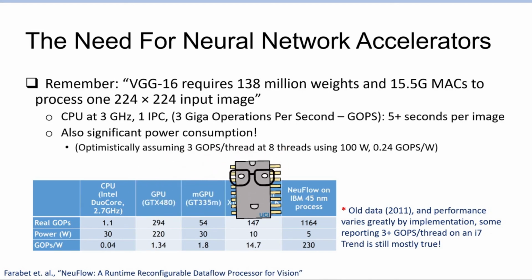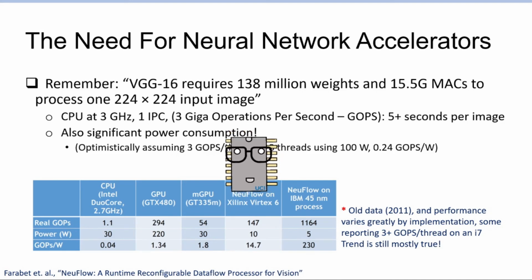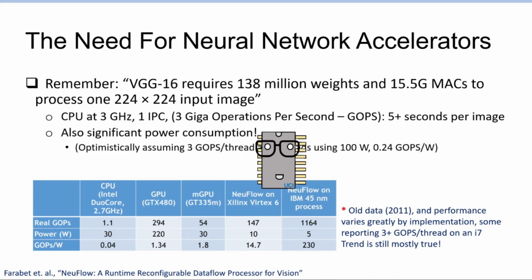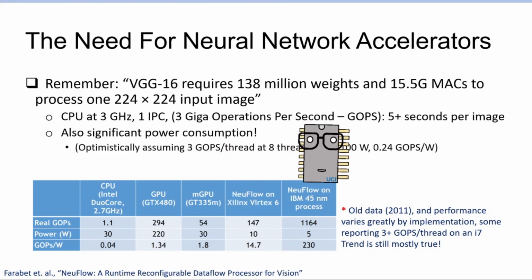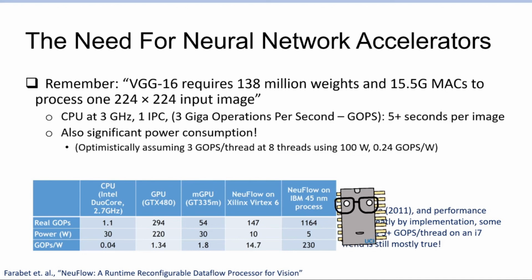Similarly with FPGAs, the Virtex 6 is a relatively old FPGA, and it gets you this much performance. If you synthesize it into an ASIC, even at 45 nanometers, which is very old technology by today's standards, and if you were to start a startup doing this today, you would aim for a 10 or 7 nanometer process, you still get over a teraflop of performance.